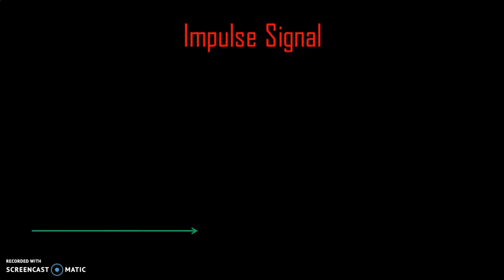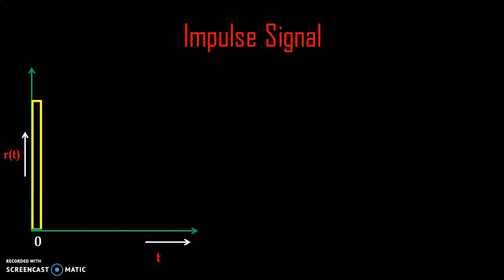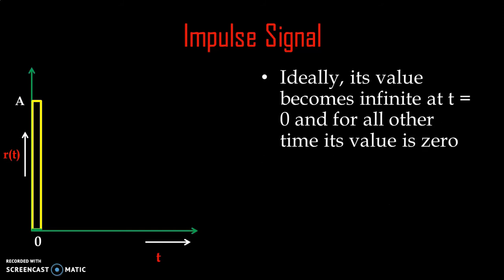Impulse signal. Again, on the x-axis we have taken time. All the signals are time dependent. A pulse with very small width with magnitude A. Ideally, for impulse signal, the value becomes infinite at time t equal to 0, and the existence of the signal is for very short duration, and for all other time its value is 0.